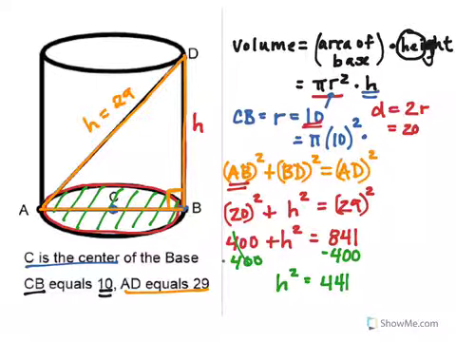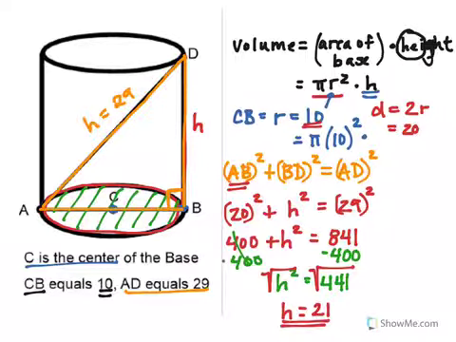The inverse operation of squaring h is to take the square root. Because we're interested in a length, we're only interested in the positive version of the square root of 441. So h is going to be equal to 21. So my height is equal to 21.